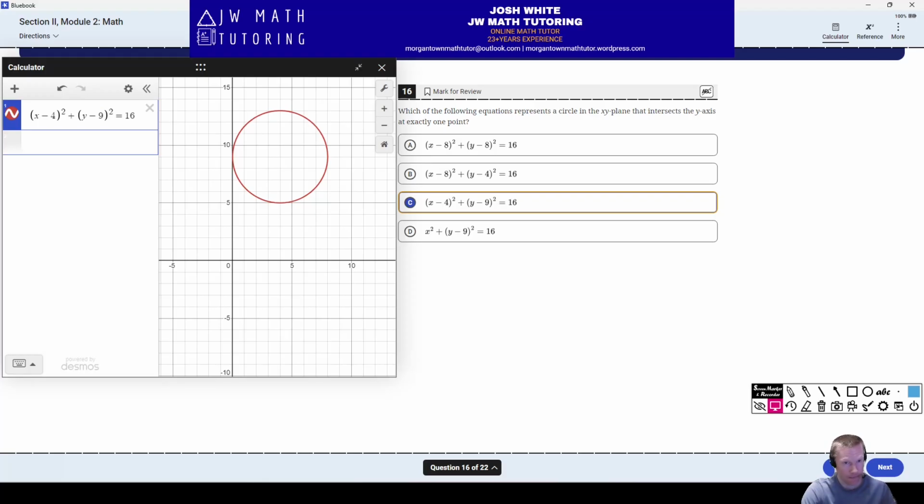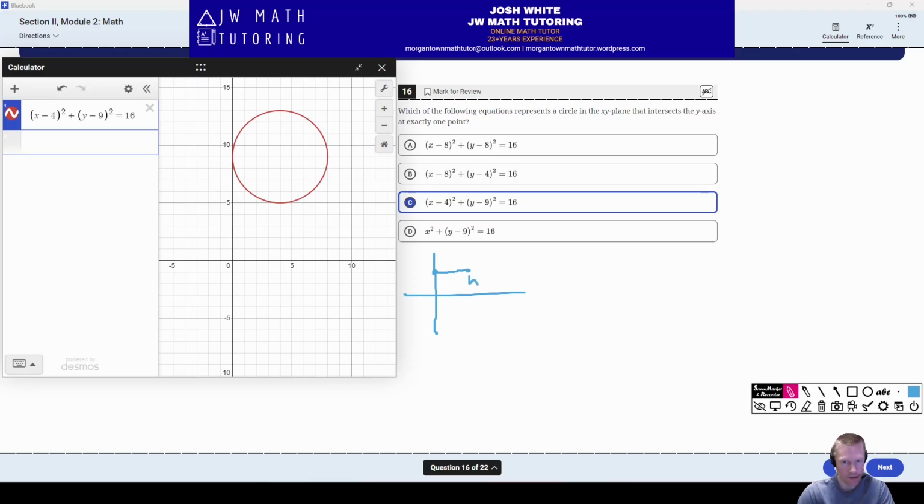It's letter C. Okay. Now, the theoretical way to figure this out is basically if the circle is going to be tangent to the y-axis, then that means the radius of the circle essentially needs to be equal to the h value, because h is your x coordinate.